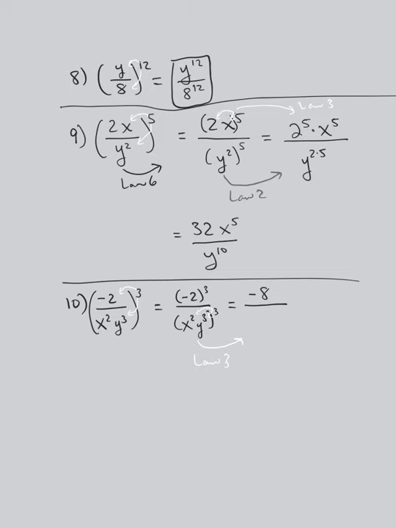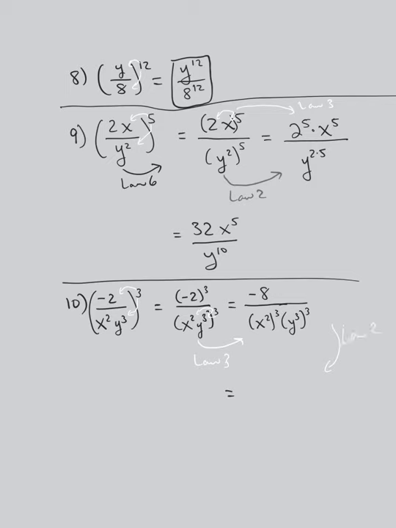And so we end up with x squared to the 3rd times y cubed to the 3rd. Now in the denominator we have 2 instances of something with an exponent raised to an exponent, so I'm going to have to apply law 2 onto each one of those parts.